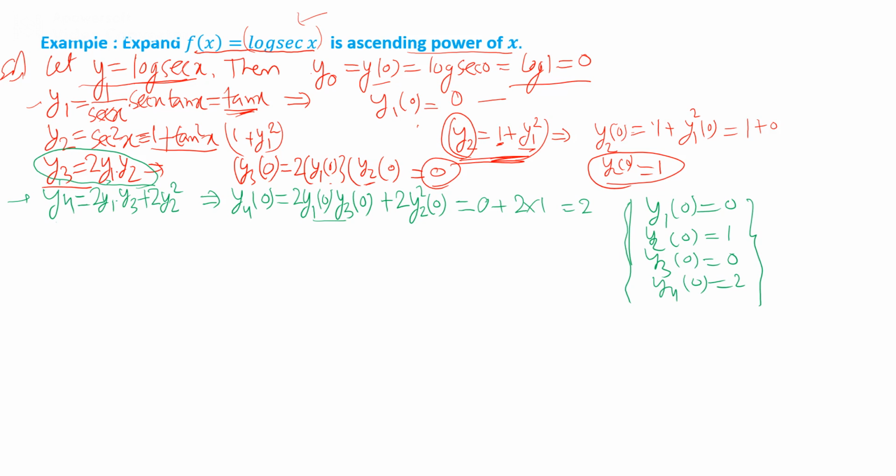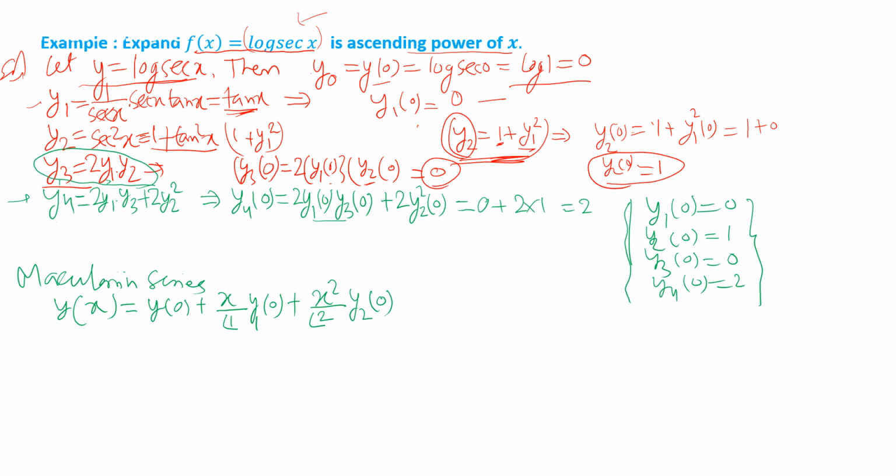First we write the Maclaurin series or expansion, and that is: y(x) is equal to y at 0 plus x upon factorial 1 y dash at 0, that is y dash means y1, because we are using the simple y1. y1 means the first derivative of the function y, plus x square by factorial 2 y2 at 0, y2 is the second derivative at 0.